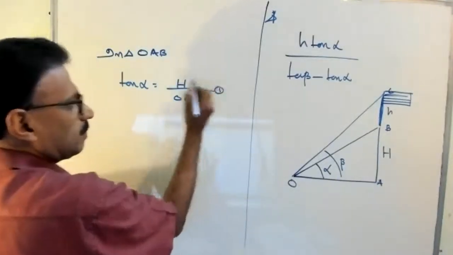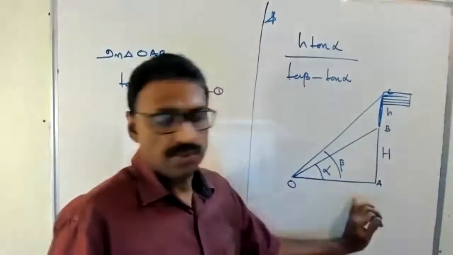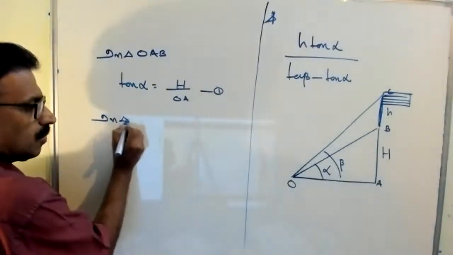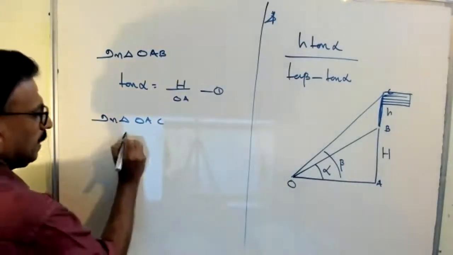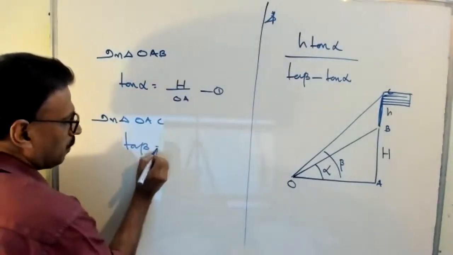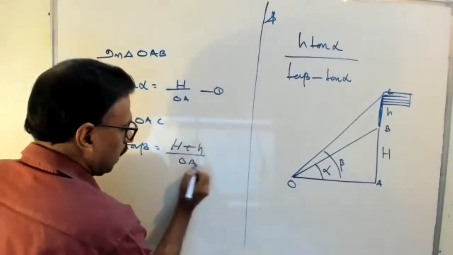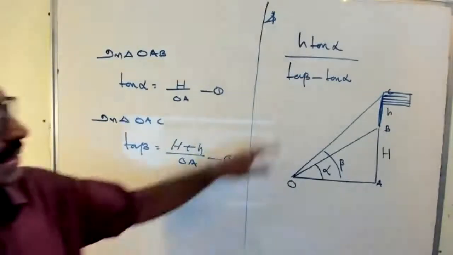Call it number 1. Then in triangle OAC, tan beta equals capital H plus small h divided by OA. Call it number 2.